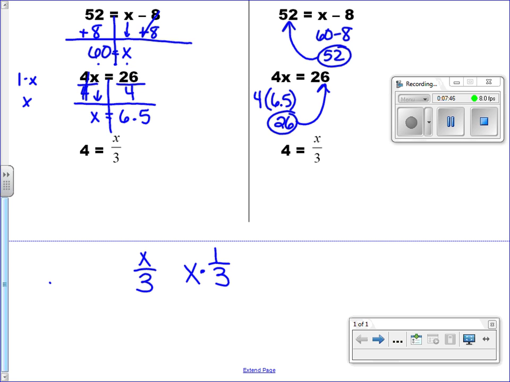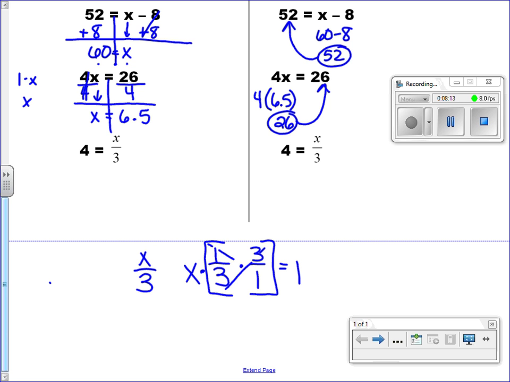Now remember, in order to get this to equal 1, I have to multiply 1/3 by its reciprocal, 3 over 1, or times 3. These guys cancel out, and that just becomes 1. That's why the inverse property of multiplication is so important to us.